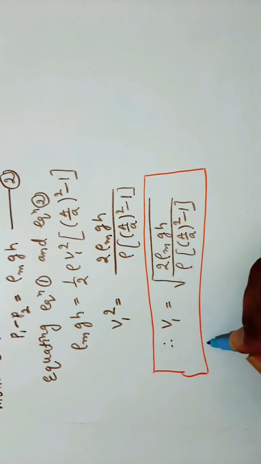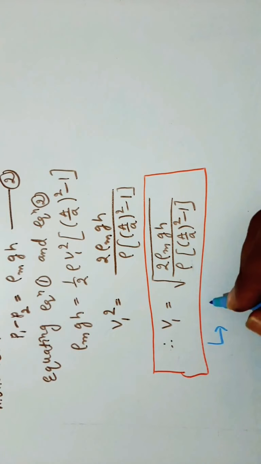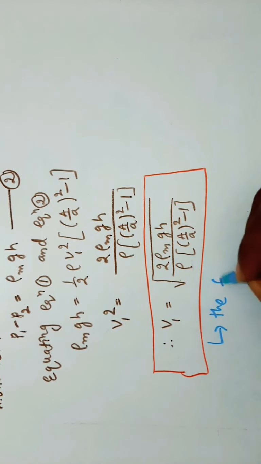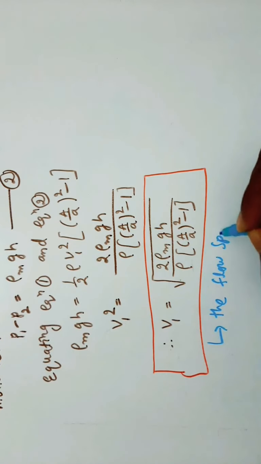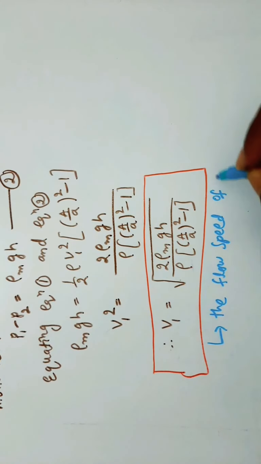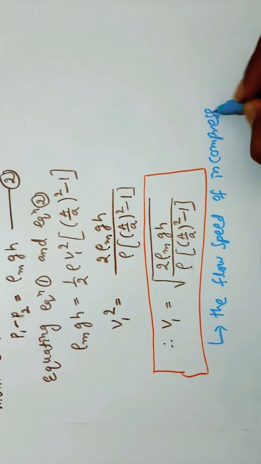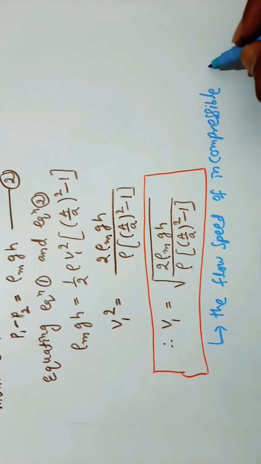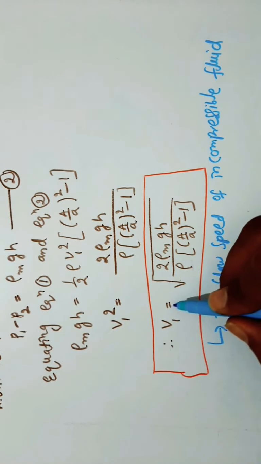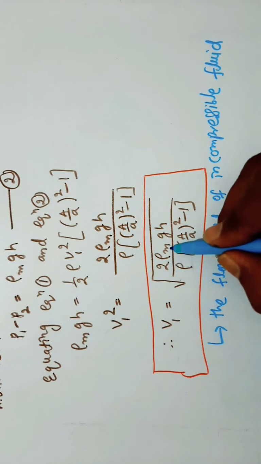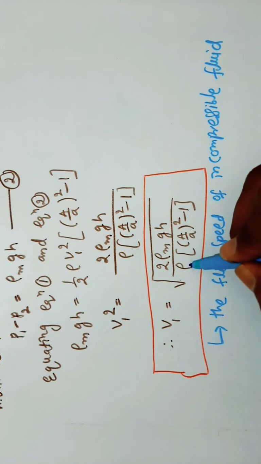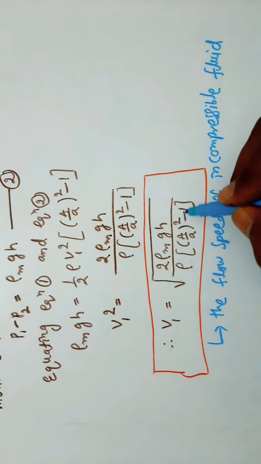Here V1 is the flow speed of the incompressible fluid.